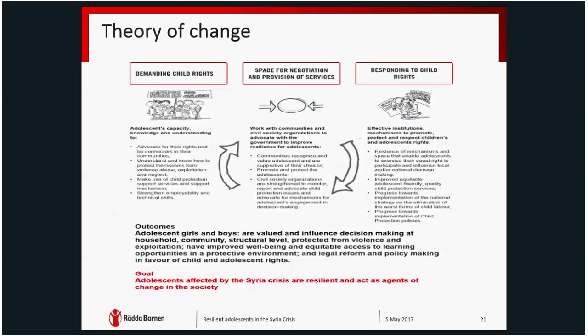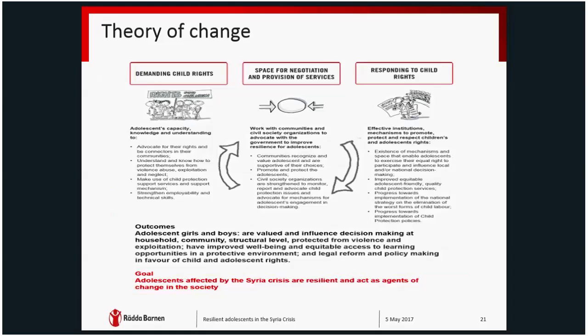So here, if you see in terms of demanding child rights, it's around the adolescents' capacity and knowledge and understanding of their rights, and the connectors in their communities. They understand how to protect themselves. They make use of child protection services and their employability and technical skills.